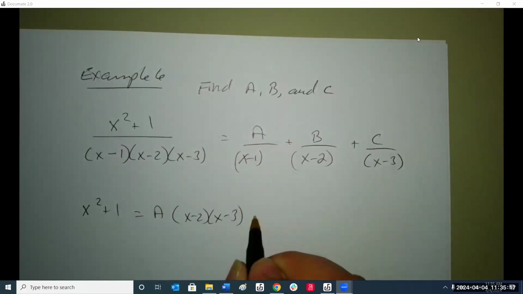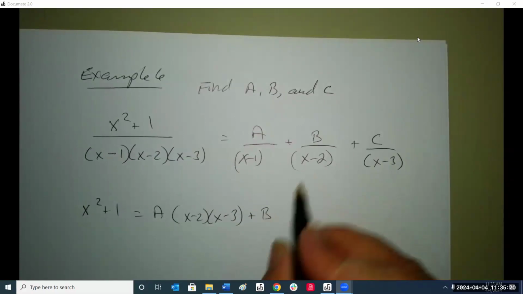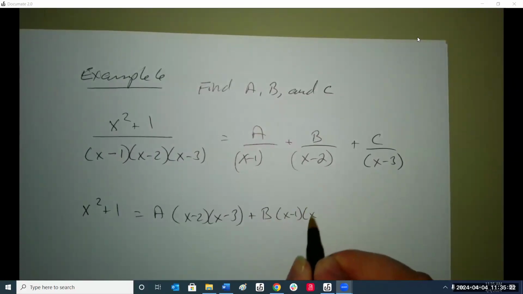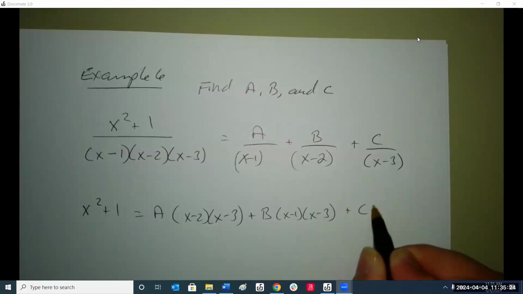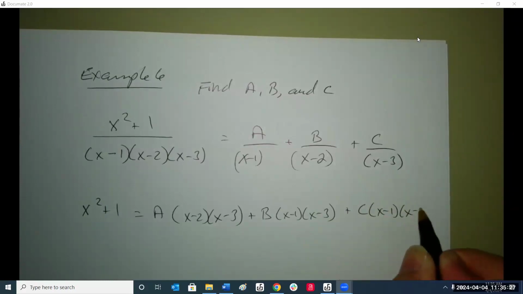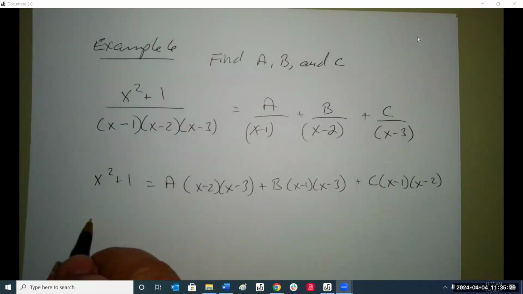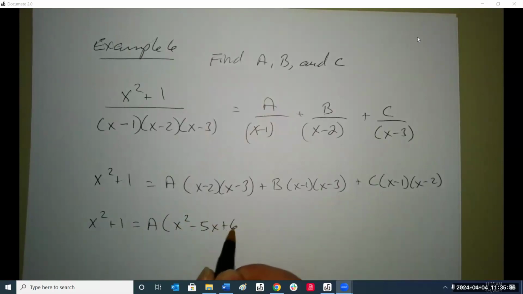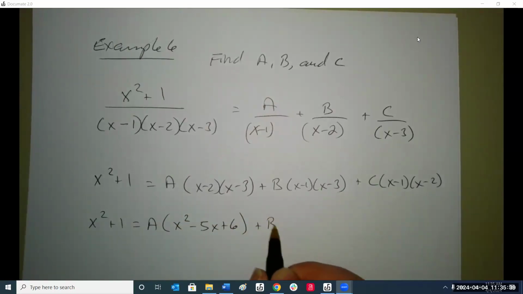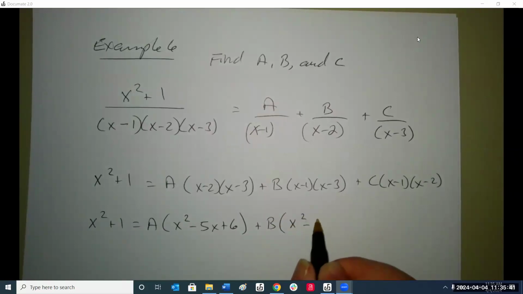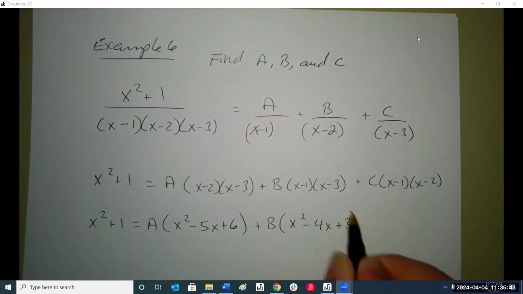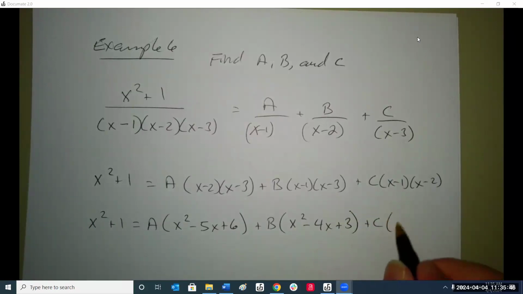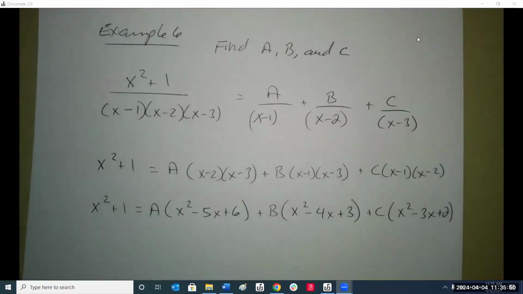That's x squared minus 5x plus 6, x squared minus 4x plus 3, x squared minus 3x plus 2.